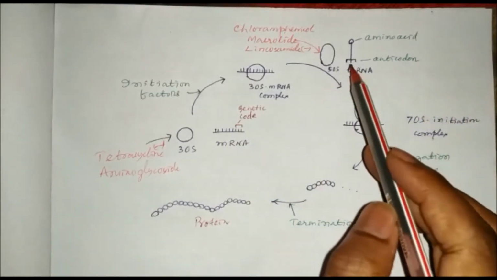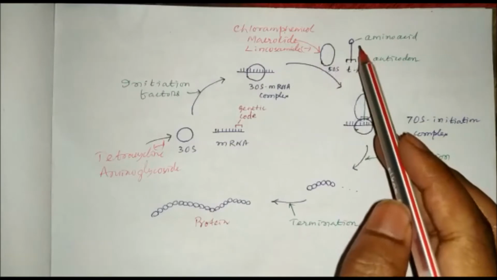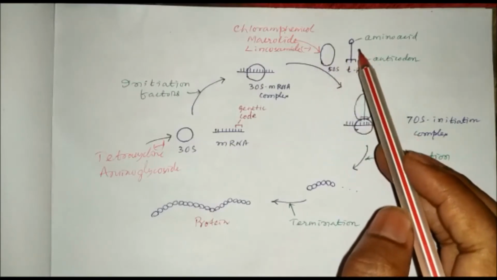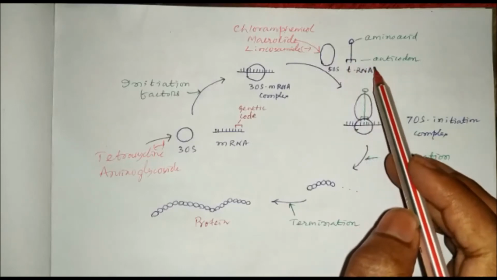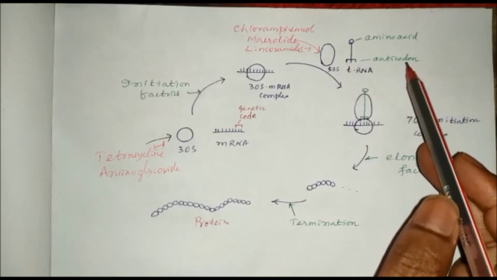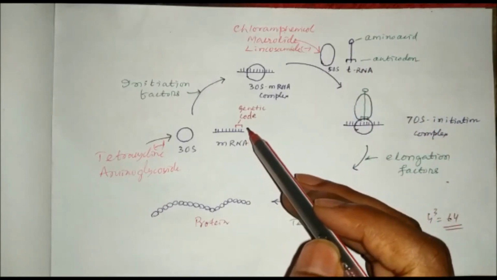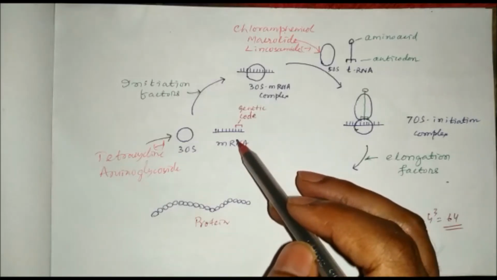So to the 50S subunit transfer RNA binds. Transfer RNA at one end has the amino acid, and at the other end it has the anticodon, which is specific towards the codon in messenger RNA.